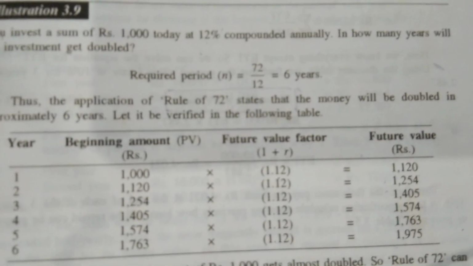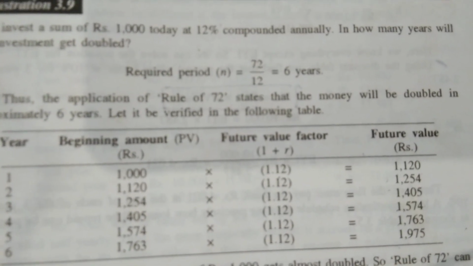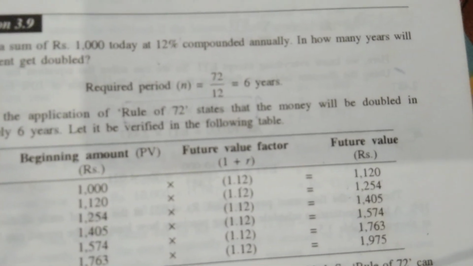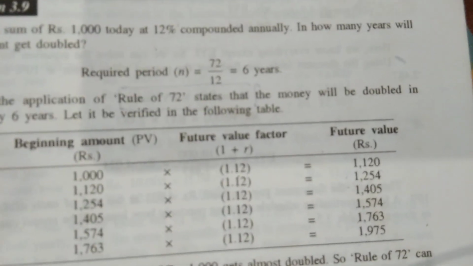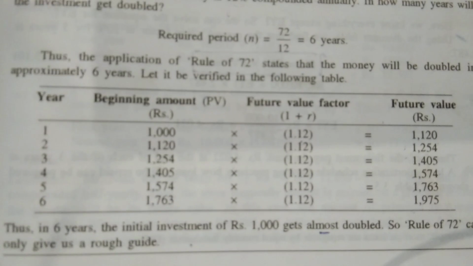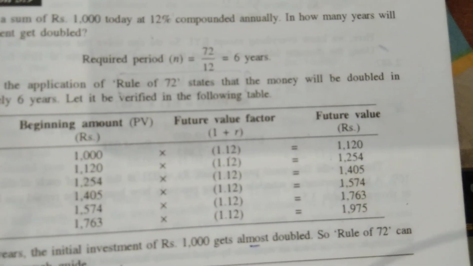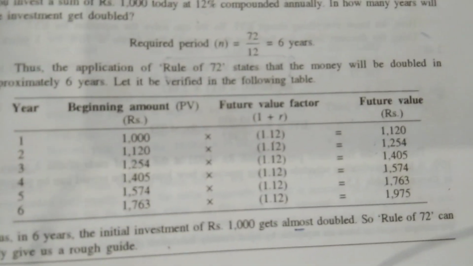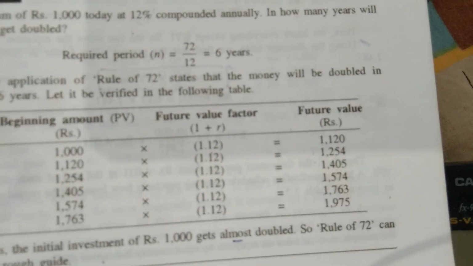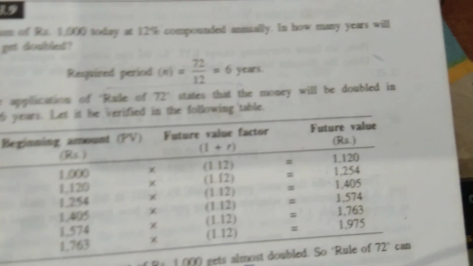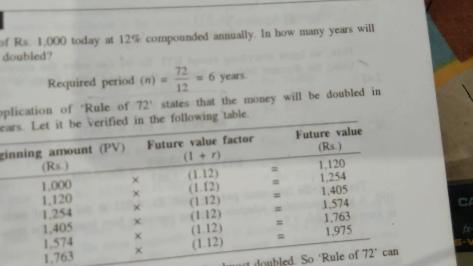In the second year, as it is compounding, the calculation will be based on 1120 into 1.12, 1254. Third year 1254 into 1.12, 1405. Fourth year 1405 into 1.12, 1574. Fifth year 1574 into 1.12, 1763.